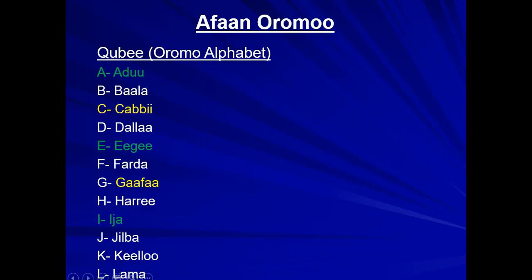The G sound. The G letter is not G in Oromo. The G sound for Oromo is J. Any sound like that of G, we write with J. But G is now ga, g, go sound.